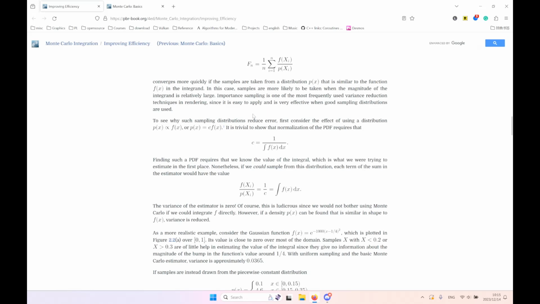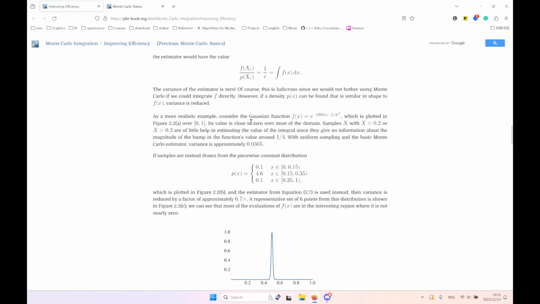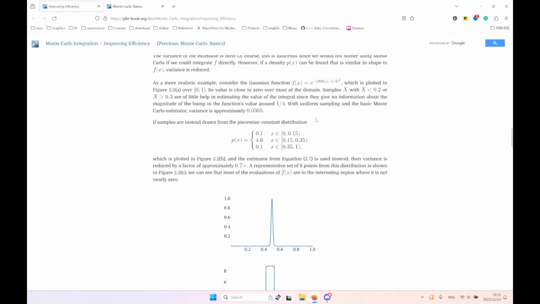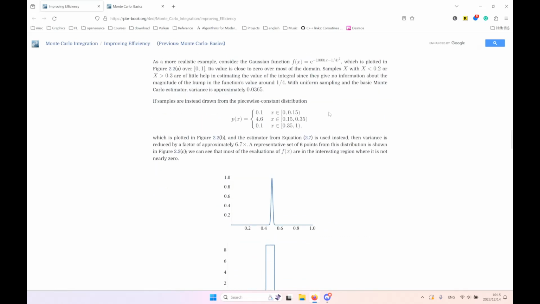But if we have something relatively close, and I really like this example, it's a more real-world kind of example. We have this Gaussian function which spikes at the middle, 0.5, and for most of the range it is almost 0.